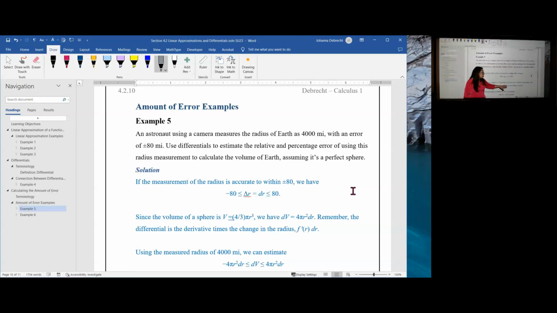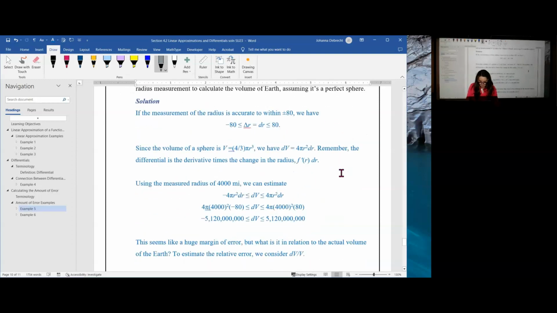To find dv, we take the derivative of 4/3 pi r cubed to get 4 pi r squared, and we multiply by the differential dr. This is using that formula that dy is equal to f prime of a times dx.